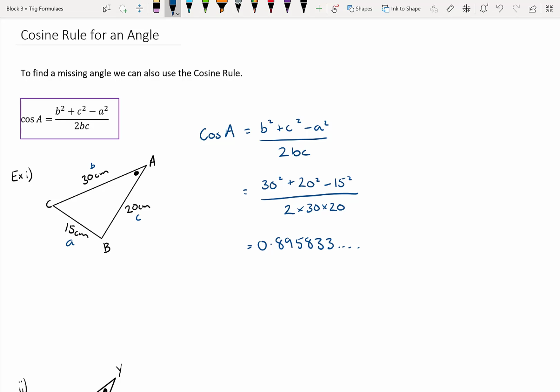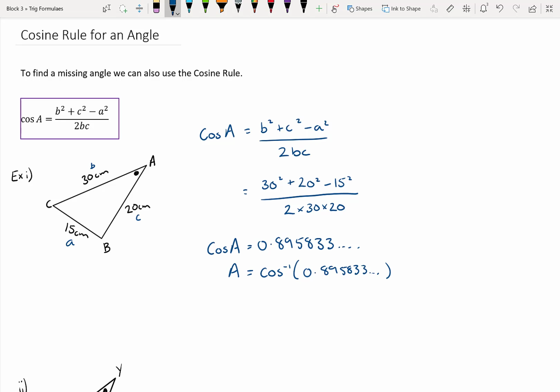Okay, that is quite clearly not the angle, and instead what we found is we found the cosine of the angle. Okay, so we've got the cosine of A is equal to that. I don't want the cosine of the angle, I just want the angle. Okay, so we need to do the inverse. So we've got to do the inverse cosine of that number, 0.895833.